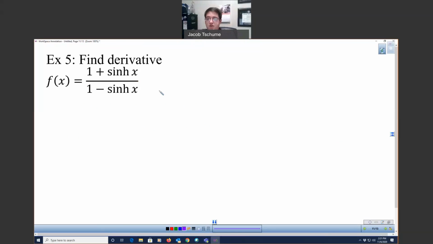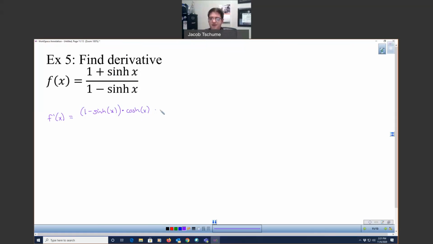All right, so what I'm going to do is the quotient rule, because you've got a function of x on top and a function of x on the bottom. So let's say the quotient rule out loud here. This would be your bottom, which is 1 minus the hyperbolic sine of x, multiplied by the derivative of the top. 1 goes away, and the derivative of hyperbolic sine is hyperbolic cosine.